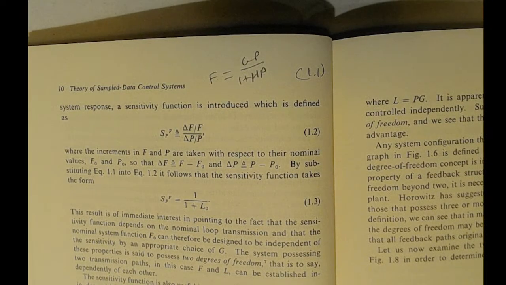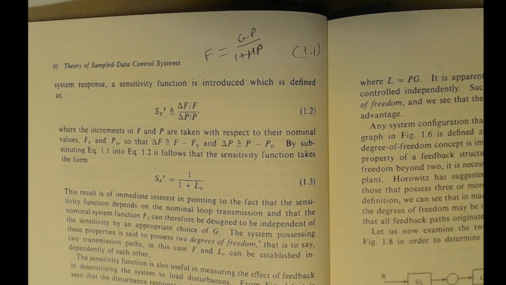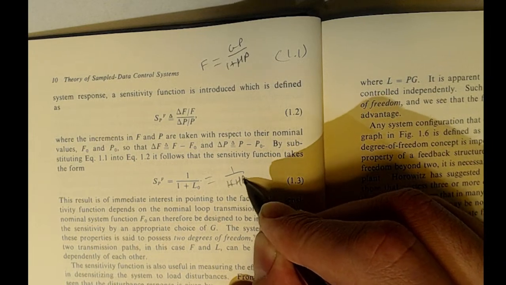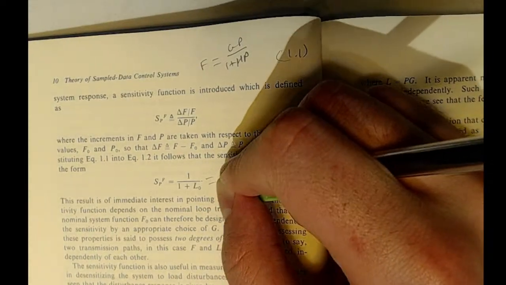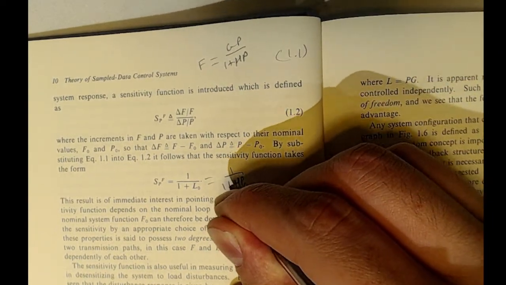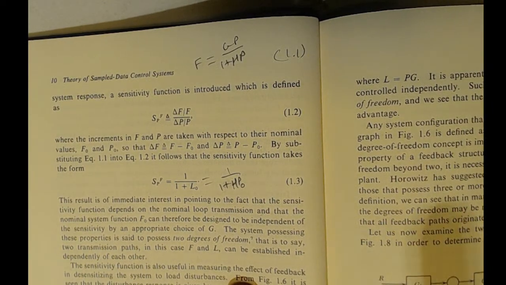By substituting 1.1 to equation 1.2, it follows that the sensitivity function takes the form 1 over 1 plus L0. I'm writing at such a bad angle. I have no idea what L0 is. I'm just guessing that it's HP0.